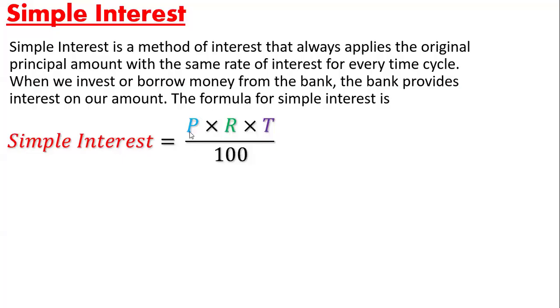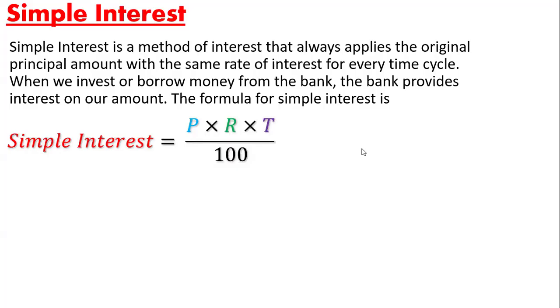Now, what is the P for? What is the R for? What is the T for? Okay, good. So what is the P for? Principal. P is for principal. What do we mean by principal? Principal is the amount you give. Very good.